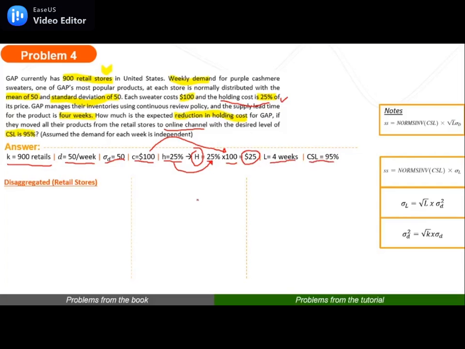So first we compute the holding cost in this disaggregated case, or when we use 900 retail stores. Okay, this is the formula from here.